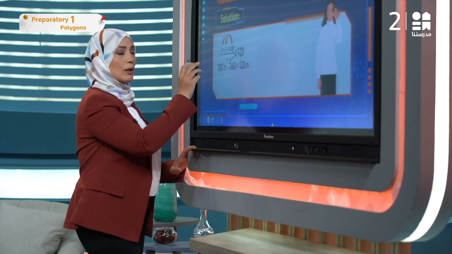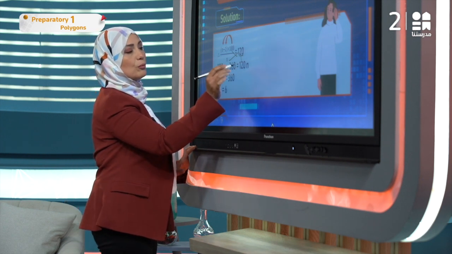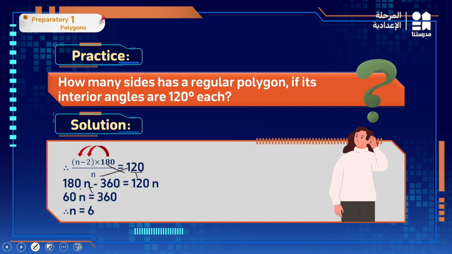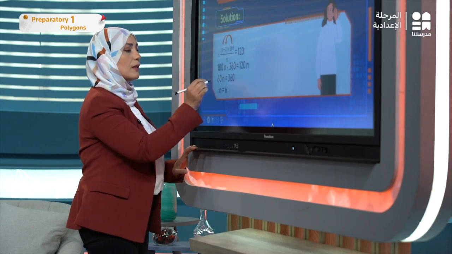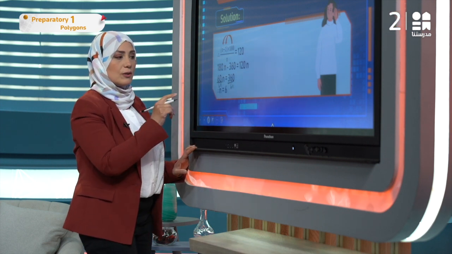I need to write all the n's on one side, so I move the 120n to the first side and it becomes negative 120n. It is 180n minus 120n is equal to 360. Then I got the relationship 60n is equal to 360. Divide both sides by 60, so the final answer is 6.